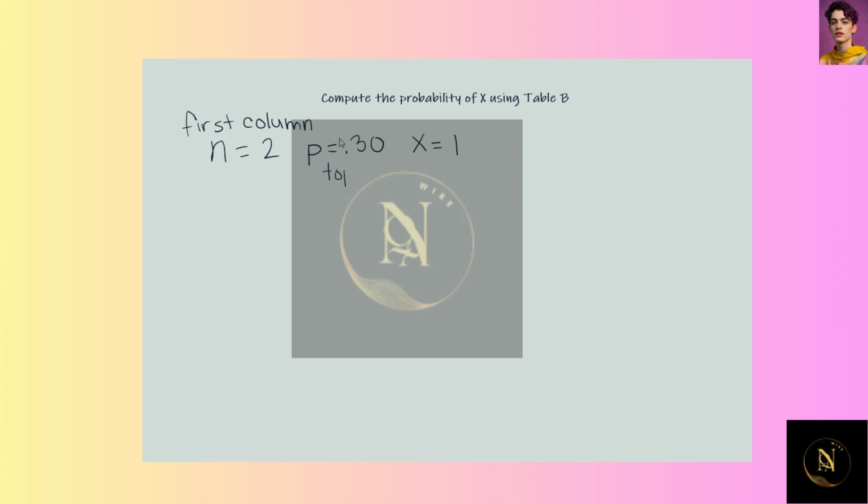The p is the top row on the table. And the x equals 1 is the second column. So you start by finding 2 on the table, n equals 2. Then you go over to 0.30, and you go down to x equals 1, and you see that you get 0.420.